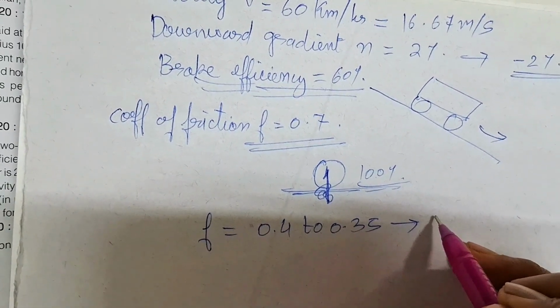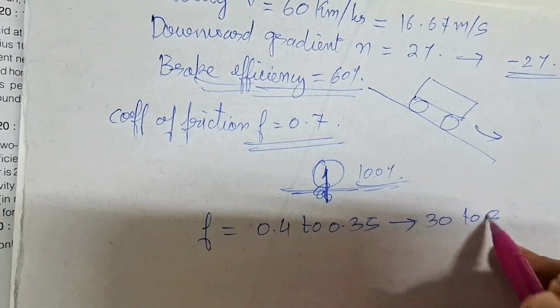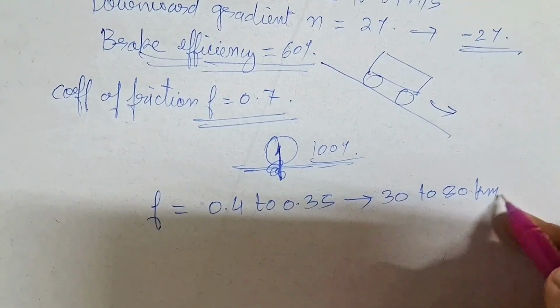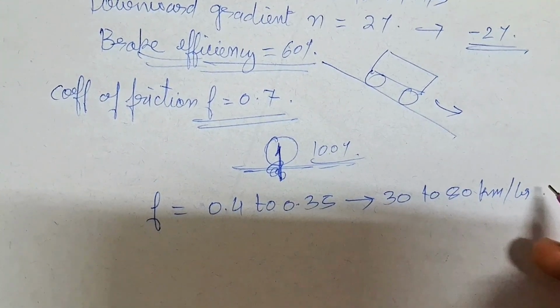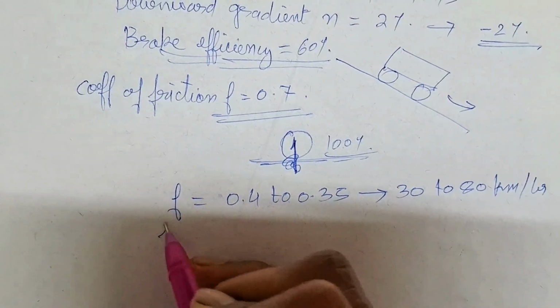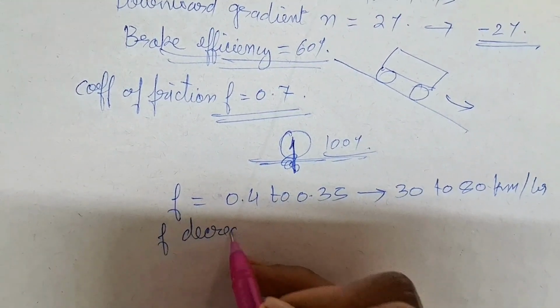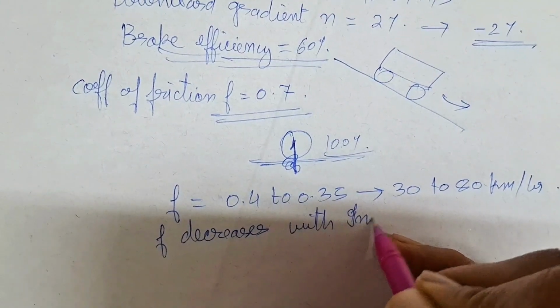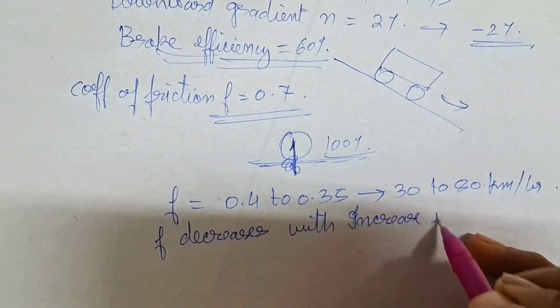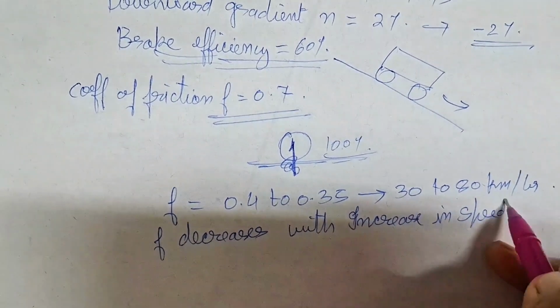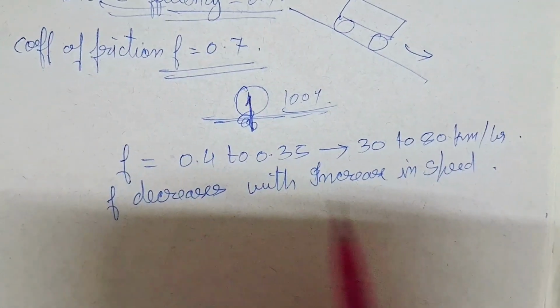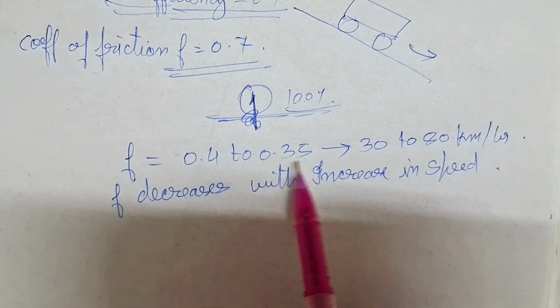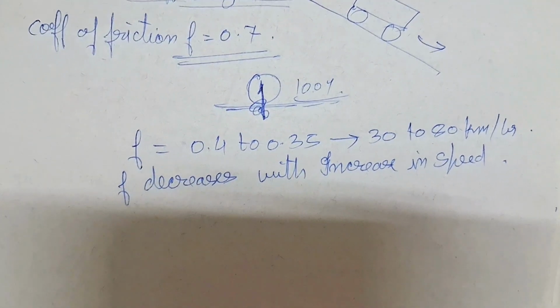That is, the speed ranges from 30 to 80 km per hour, because we know that f decreases with increase in speed. So many times if they are not giving the value of f, you can assume it as 0.35.